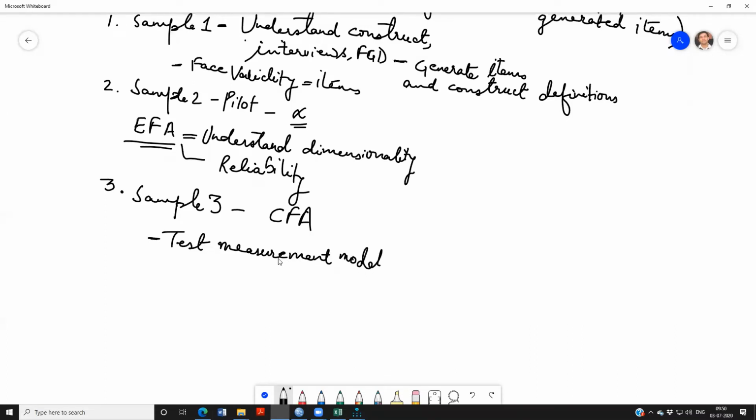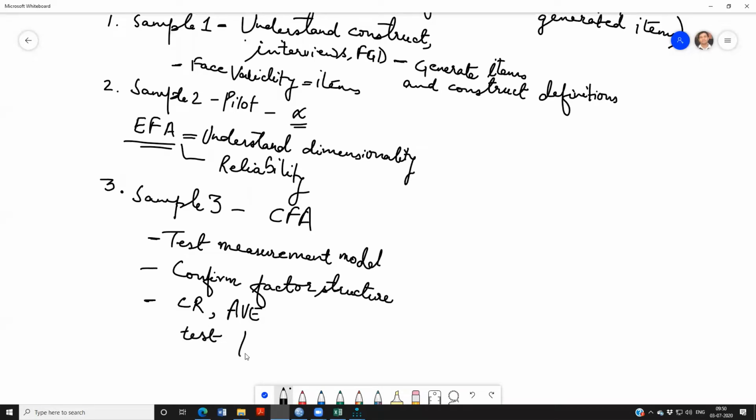You will confirm the factor structure, and you will compute composite reliability, AVE, and test for convergent and discriminant validity.